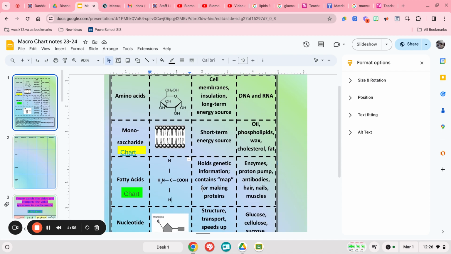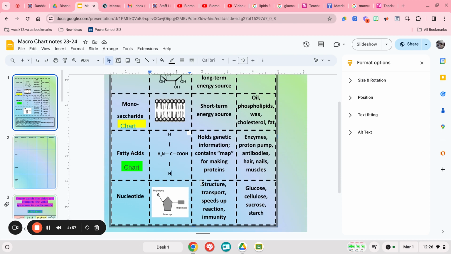By everything else, I mean structure, so parts of our body, our hair, our fingernails. Transport comes in a couple of different fashions. One type of transport is through hemoglobin, which is a part of our red blood cells that carries oxygen and carbon dioxide. Also, we'll see in our next unit transport across the cell membrane through protein channels.